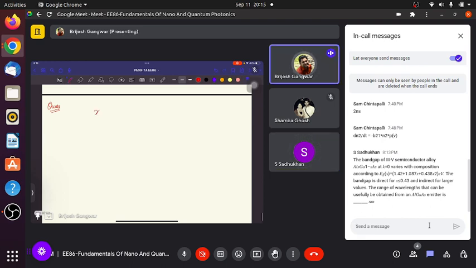So if x is equal to 0.43, and let's say E_g is given by 1.42 plus 1.087x plus 0.438x squared. So what will your E_g min be when x is equal to 0? When x is equal to 0, it is 1.42.